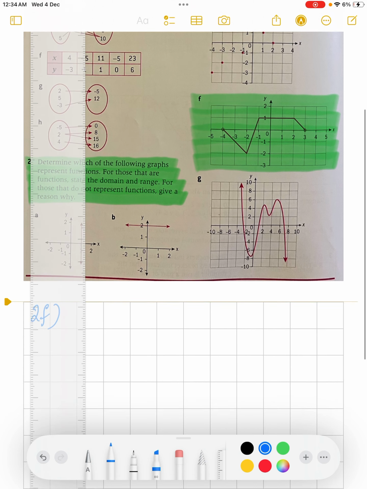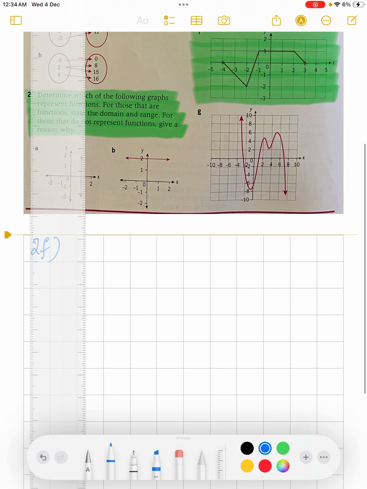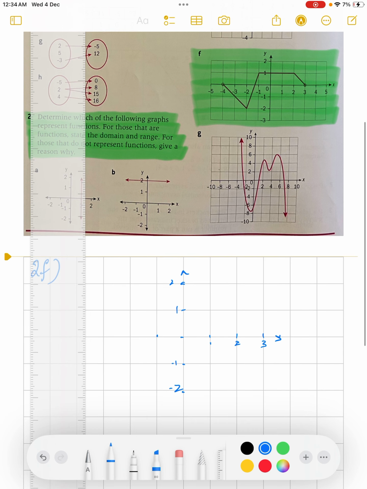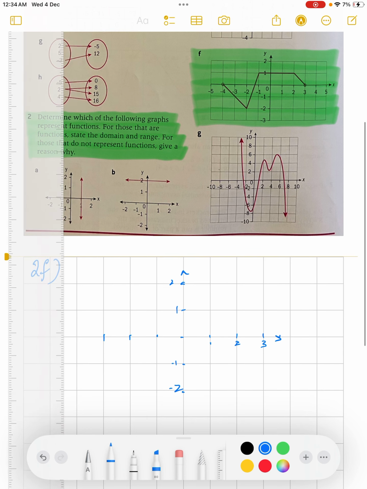So to make it easier, let me just plot this. So we've got a 2 or 1, we go down to -2, and we go across to 3, and we go back to -4. 1, 2, 3.